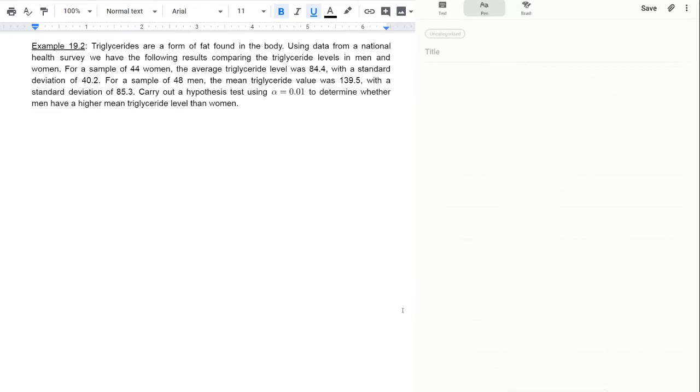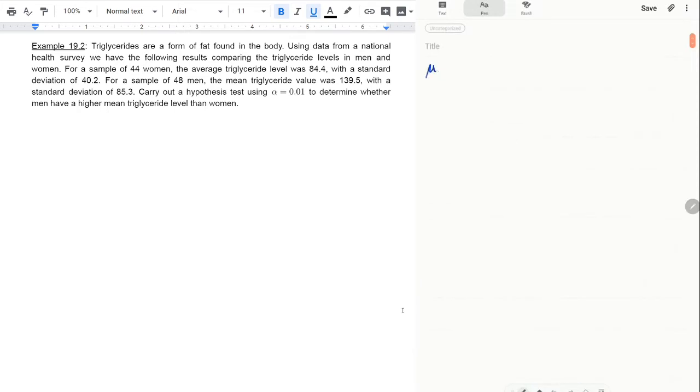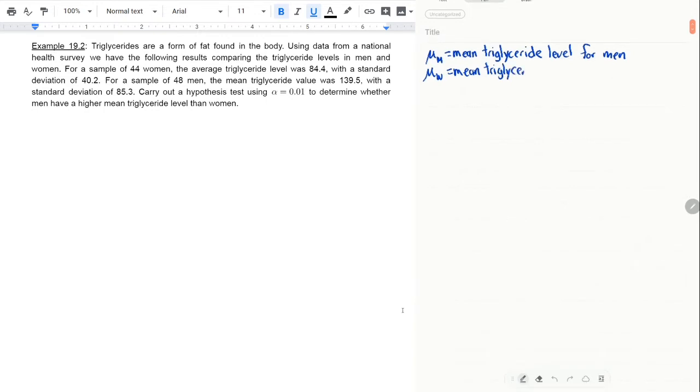So let's first introduce some notation. So we're going to let mu sub m be the mean triglyceride level for men, and mu sub w will be the mean triglyceride level for women.